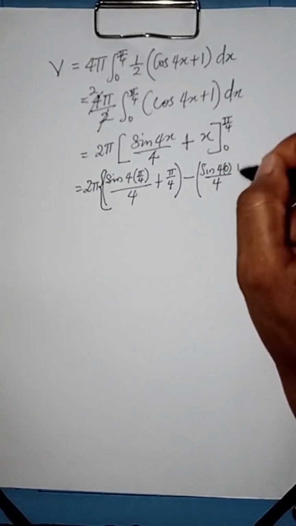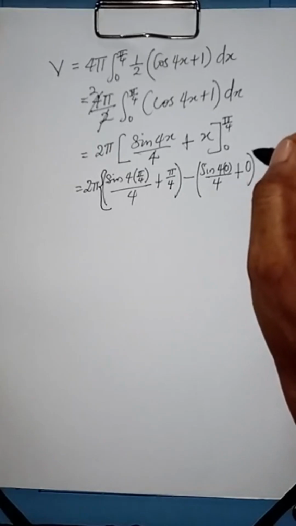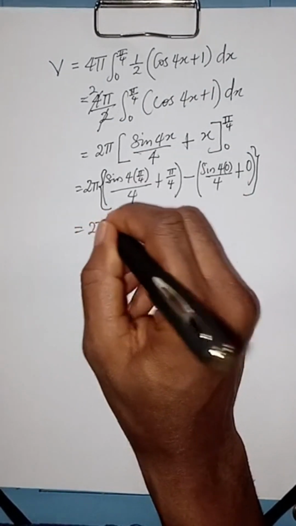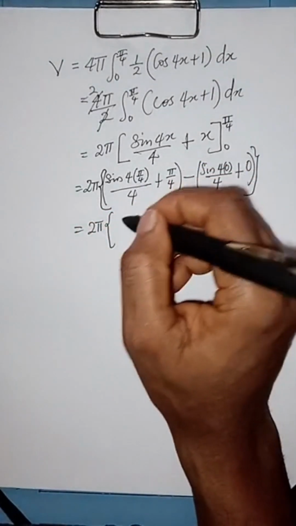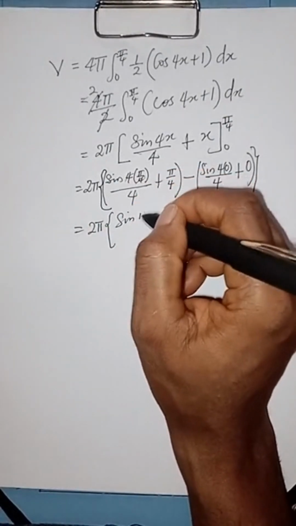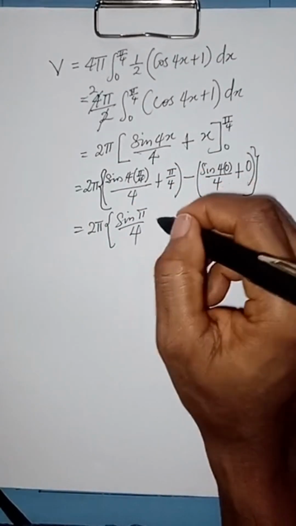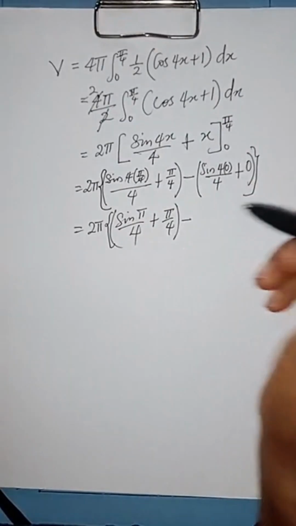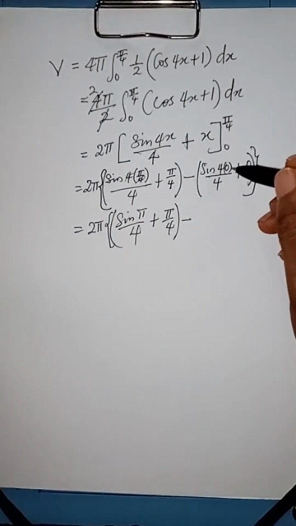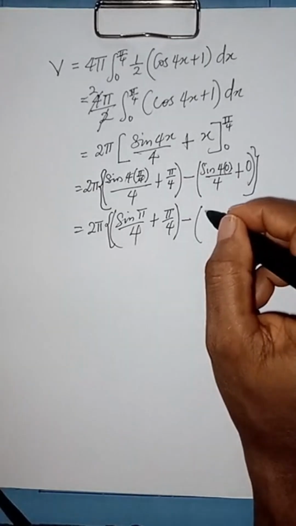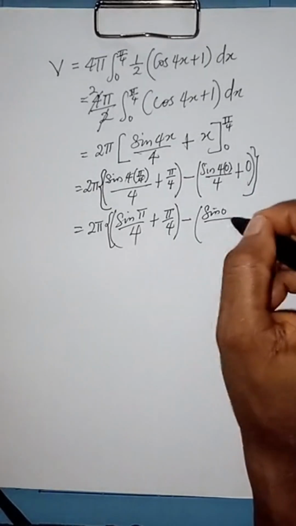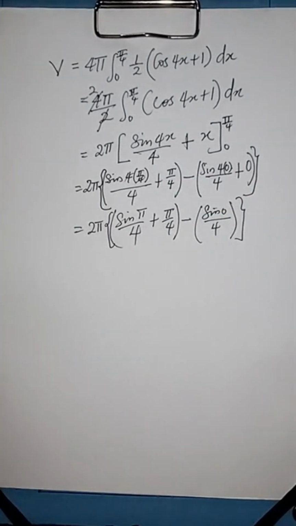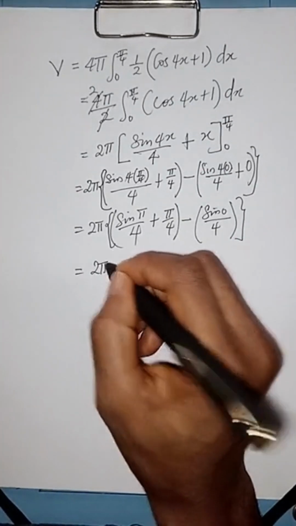So that's what you're having, and this is 2 pi times sine 4 times pi divided by 4, over 4, plus pi divided by 4, minus 4 multiplied by 0, it's 0. So everything here will be sine 0 divided by 4 plus 0. So that's nothing. And this becomes 2 pi.